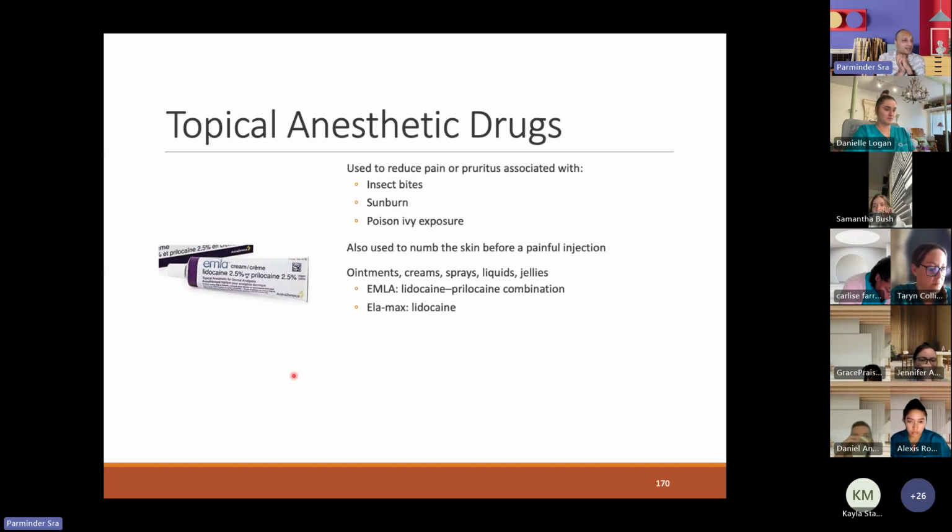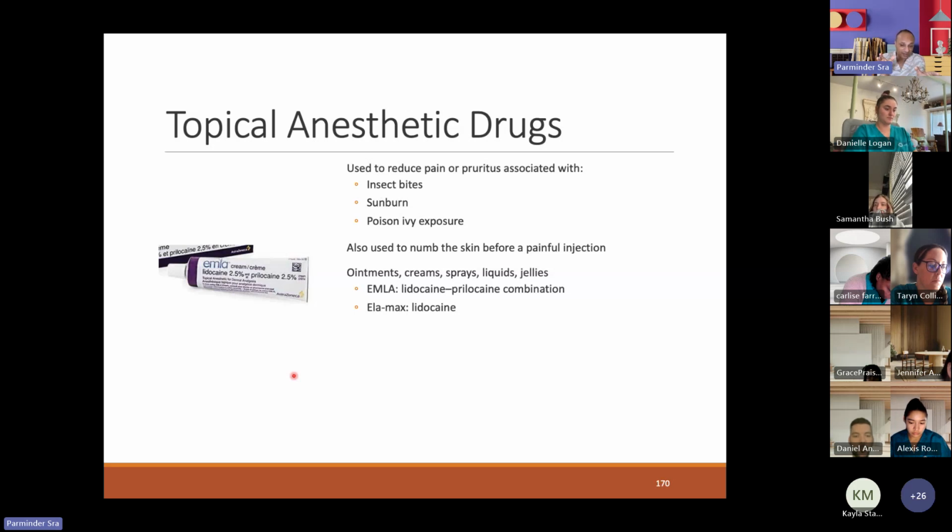You guys know what that means? No, that's okay. It's called eutectic mixture of local anesthetics. So it's a combination product, your lidocaine and prilocaine, and this is very commonly used.